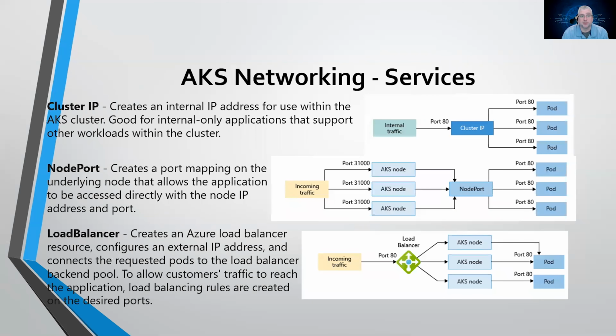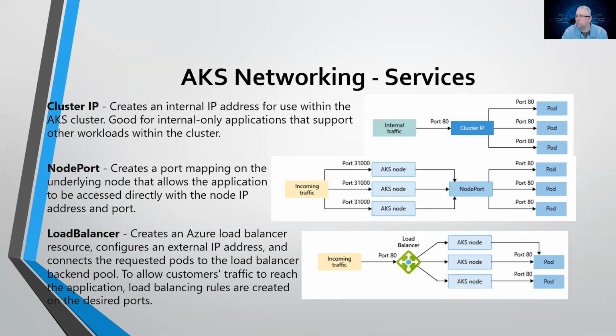So networking services, you've got a cluster IP, a node port, and a load balancer. These are examples, and yes, it's a lot of information on the slide, I understand that. You'll have your internal traffic on the cluster IP, and it'll go over to port 80 on your pods. This is just an example. You can change all this.